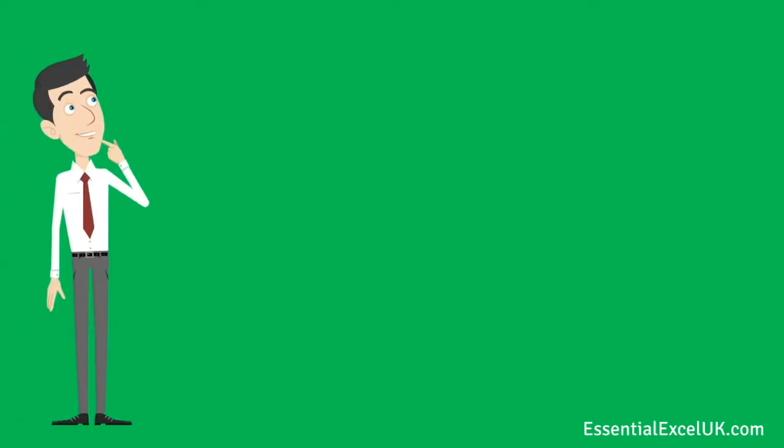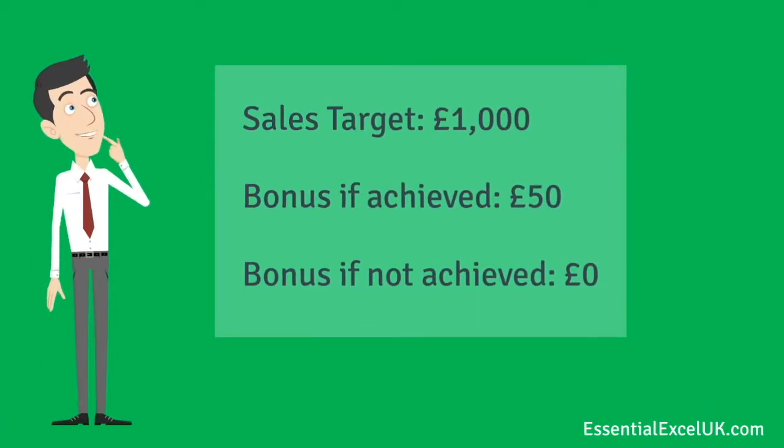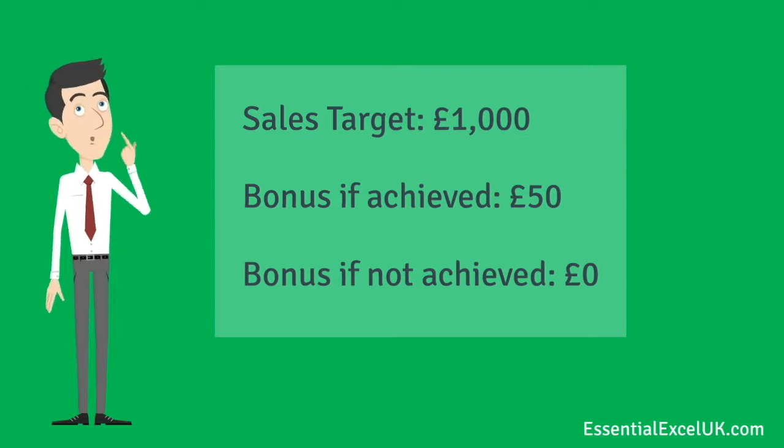So let's look at an example that we can take into Excel and use the IF formula to return our desired result. We've got this guy on the screen, let's call him Tim. Tim has some information there around his sales target. At the top he's got a sales target of £1,000.